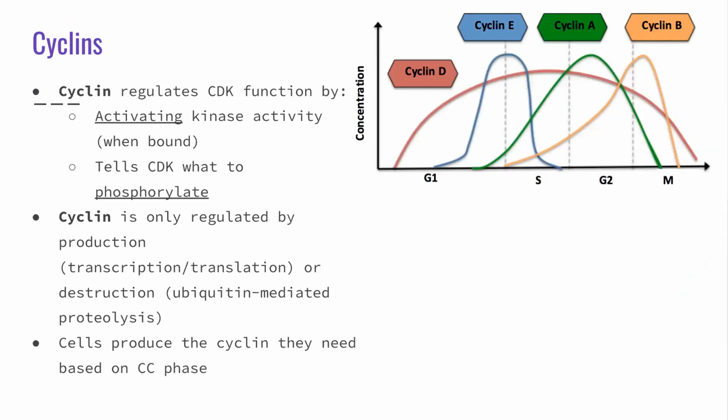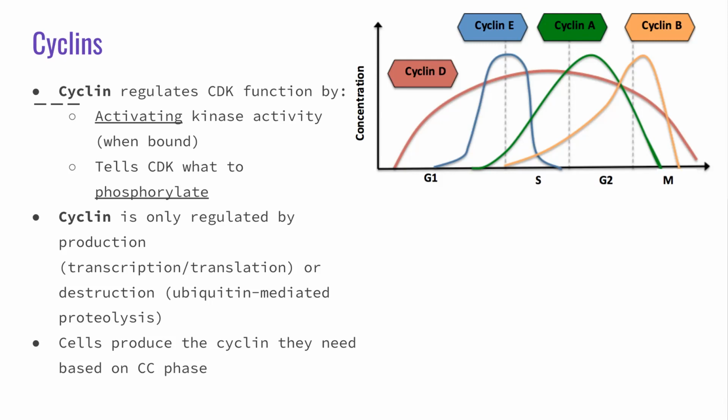So going into more detail about cyclins, they regulate CDK function by activating kinase activity. They have to be bound to CDK in order for CDK to be active. By binding to CDK, they also influence CDK binding specificity.